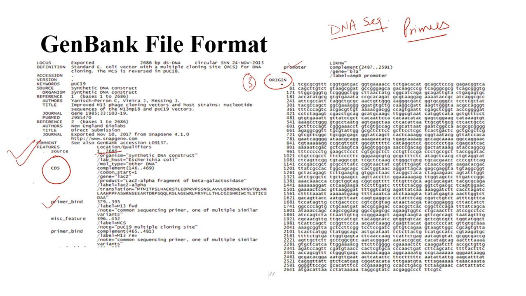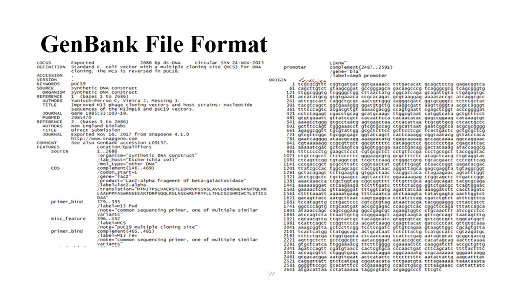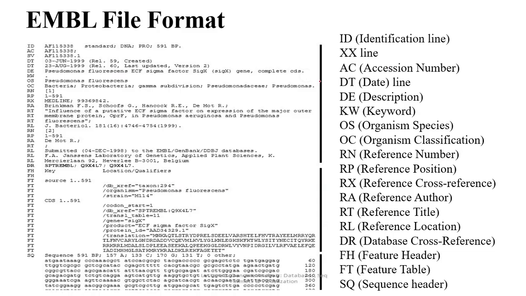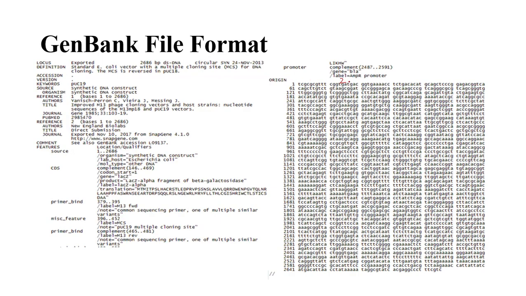As soon as you find the origin, that is the beginning of the sequence. Here you can see there is a very unique way of writing the sequence. Just read it, count it out: 1, 2, 3, 4, 5, 6, 7, 8, 9, 10. So there are 10 letters in one block, and there are 6 blocks: 1, 2, 3, 4, 5, 6.